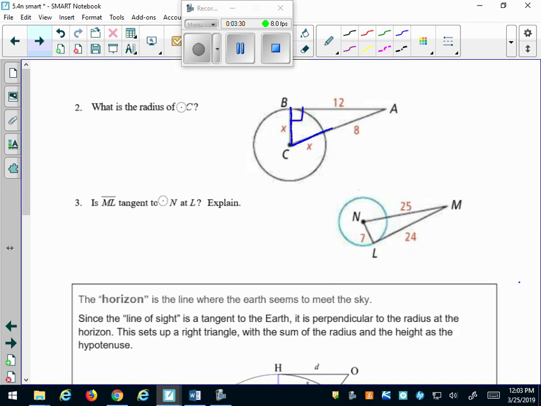This right triangle kind of extends beyond the circle, right? But the segment from here to here and from here to here are both radii of the circle. So they're both called X. Okay. So in this problem, yes, we can use the Pythagorean theorem. We have to be careful because we have, which one is the hypotenuse?